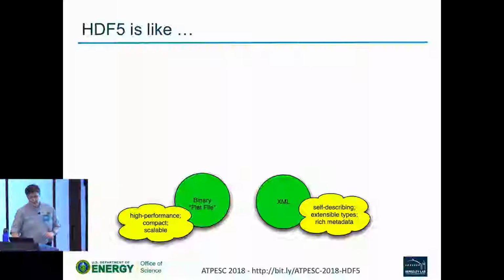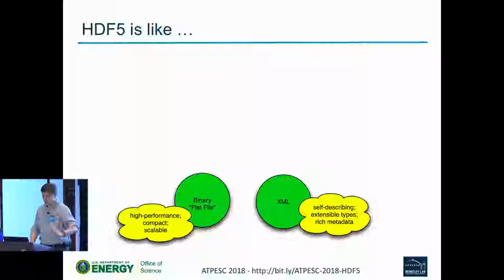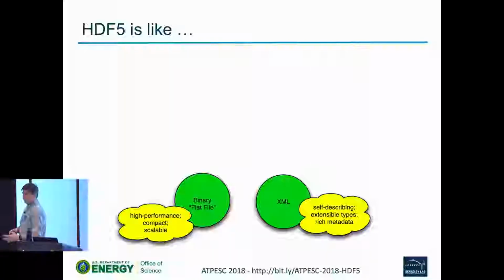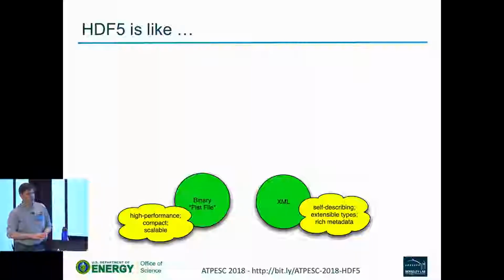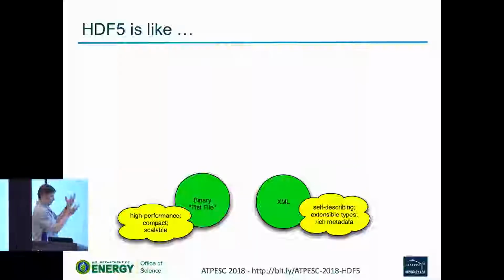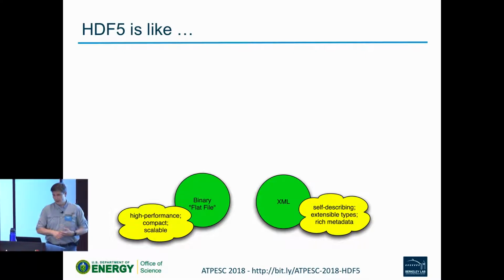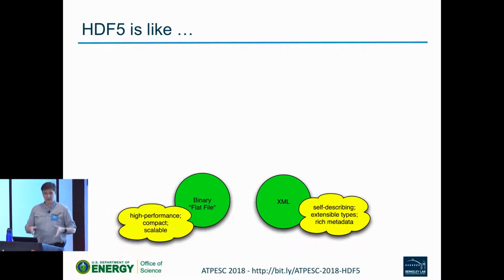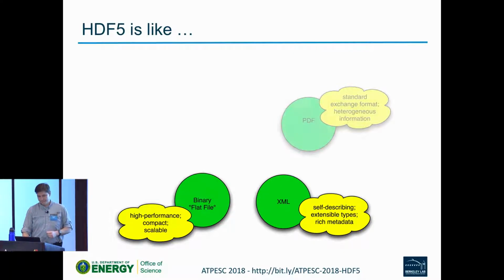It's also designed to be a replacement, hopefully, for binary flat files. Very high performance. We try to add very little overhead as we can on top of things while giving you all the benefits that I've been talking about here. So it's designed to be compact and scalable, just like your Fortran write call, right?